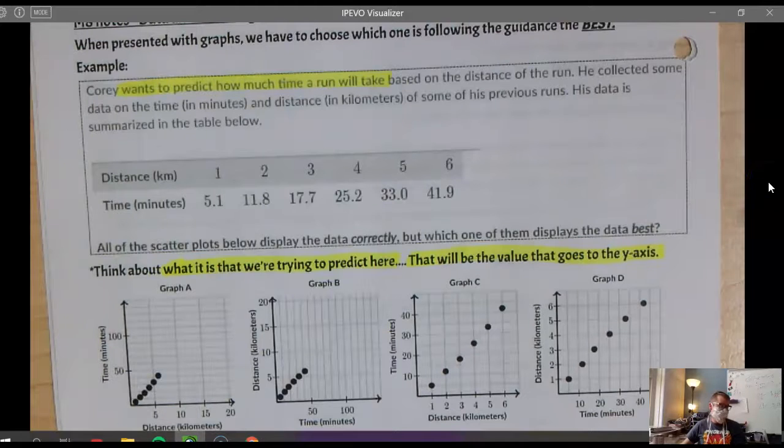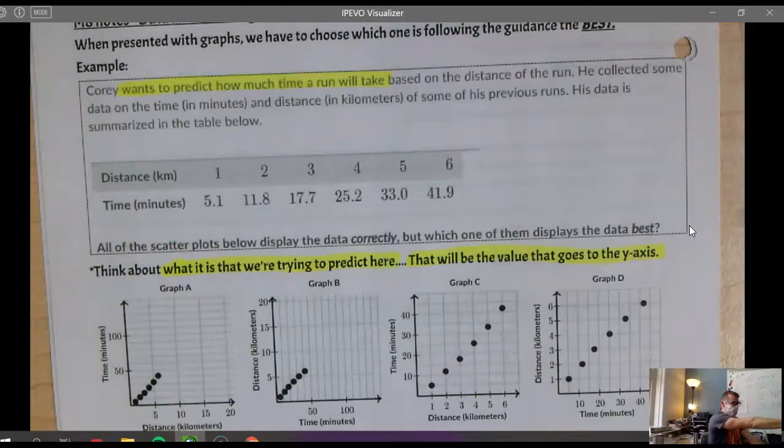The distance is the one that causes time. So however far you go, that'll determine the time. But can't it be the other way around? I'm going to ask two different questions here, and yes, they conflict with each other. I'm not saying you're wrong, but hold on.